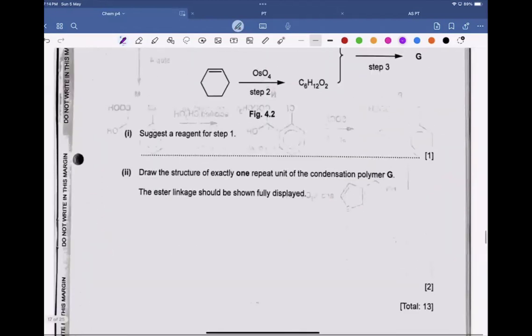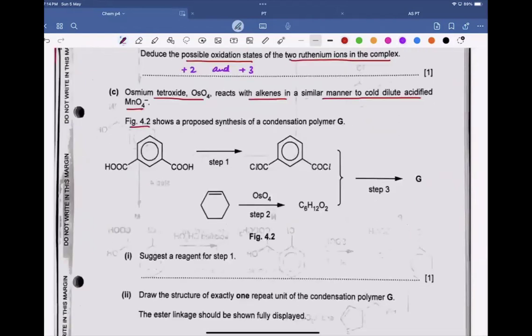Okay. Now, osmium tetraoxide reacts with alkenes in a similar manner to cold dilute acidified manganate. Figure 4.2 shows a proposed synthesis of condensation polymer G. Okay. So see, the carboxylic acid turns into acid chloride, and here an alkene with the osmium oxide is converted into an alcohol, because here we have an acid chloride and here we have oxygen.